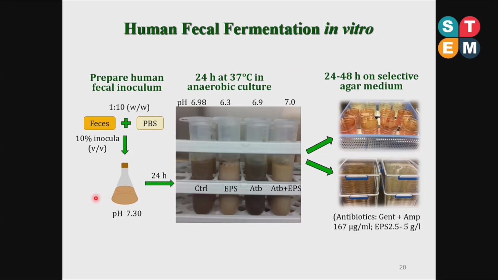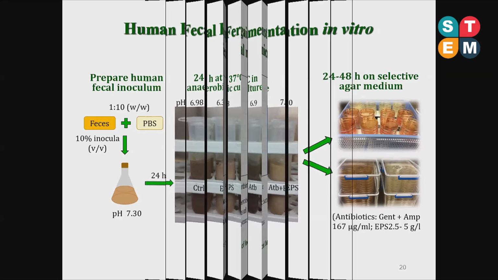So this is what we did: we did the fermentation in small tubes with the human fecal samples at a given temperature. Then we used a method to measure the growth and viability of different groups of bacteria in the human fecal samples after 24-hour fermentation under anaerobic conditions.